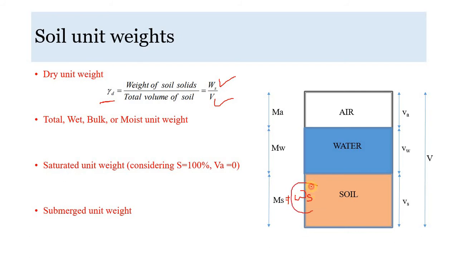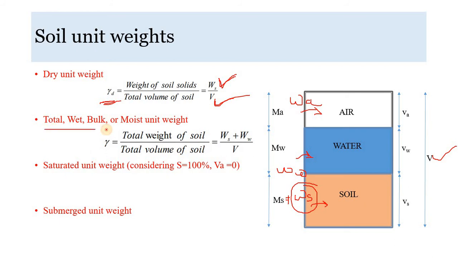We can consider Ws as the weight of soil, Ww the weight of water, and Wa the weight of air. So dry density is nothing but the weight of soil to the total volume.